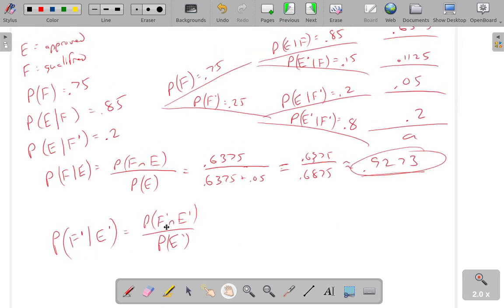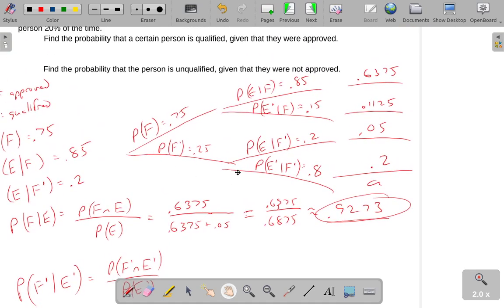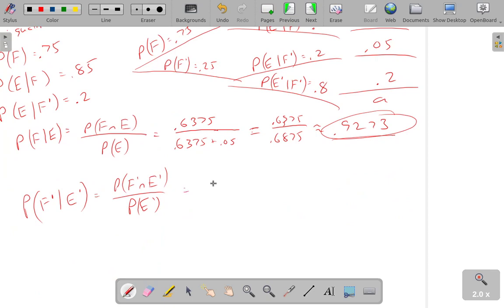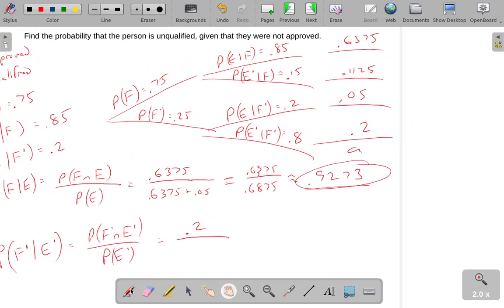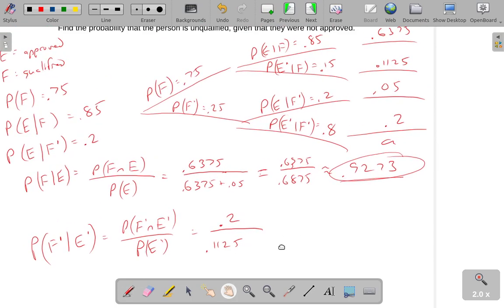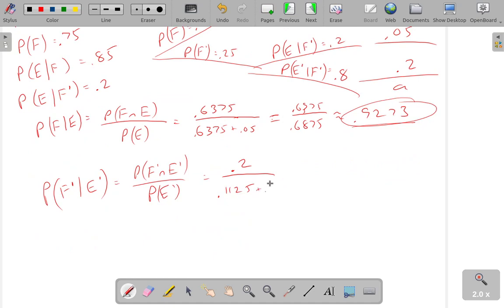We're trying to figure out the probability of F complement intersect E complement for the top part here, so let's figure out which branch that is. F complement and E complement, we've gone down on both of those, that's 0.2. And the probability of E complement happened here and here, so I would use the law of total probability and add those two up: 0.1125 plus 0.2.